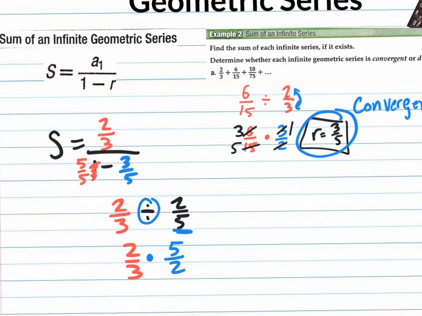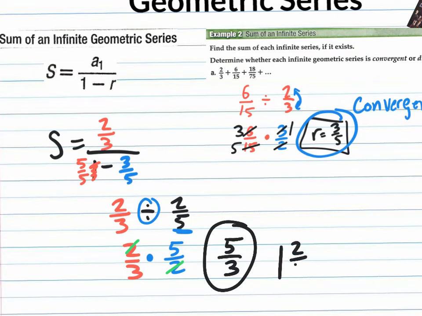I'm going to reduce first because the 2's cancel. And what do we have left? We have a 5 left up on top and a 3 left on the bottom. So believe it or not, this is my answer, 5/3. That's an improper fraction, you could also rewrite it as 1 2/3.